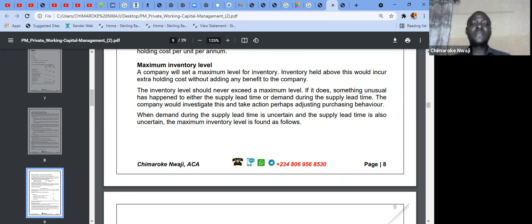The inventory level should never exceed the maximum level. If this happens, something unusual has happened either to the supply lead time or demand during the supply lead time. The company will investigate this and take action in perhaps adjusting their purchasing behavior. Your purchasing behavior is how much you are purchasing at each time.